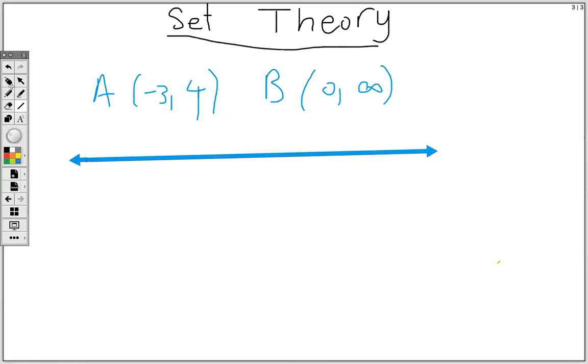So looking at this, we have the numbers -3, 4, 0, and since I already have positive infinity, I'll just include negative infinity.